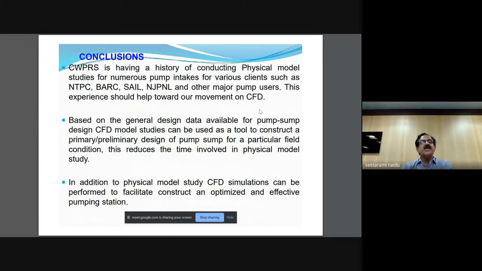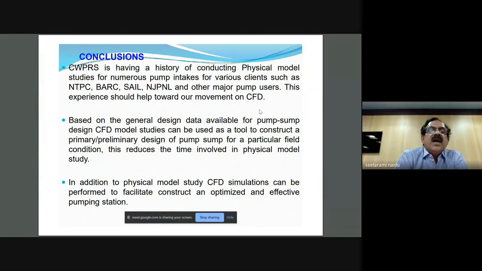In conclusion, what I would say is CWPRS has a time-tested history of conducting physical model studies for numerous pump intakes for various clients such as NTPC, BRC, SAIL, NJPNL, Nathpa Jhakri Power Limited, and other major pump users.